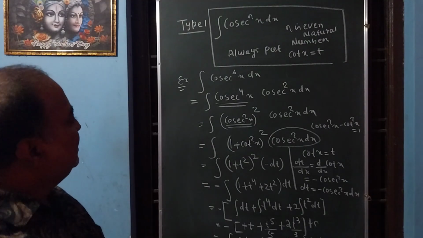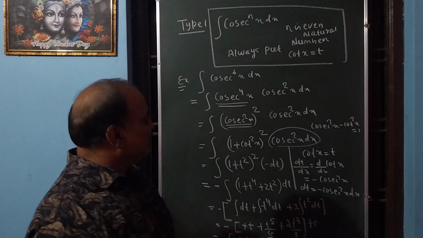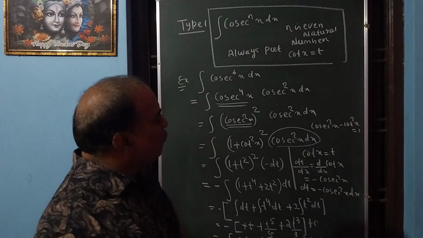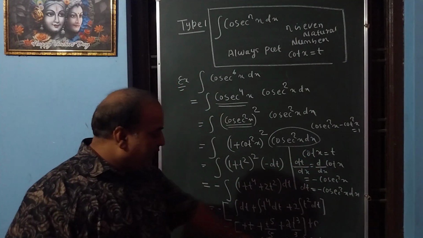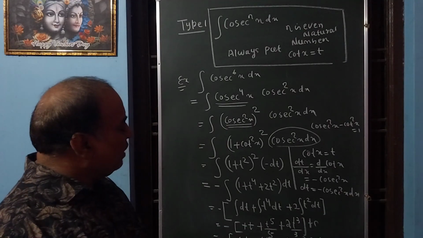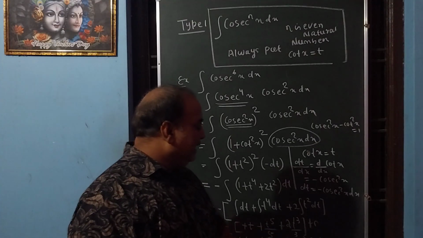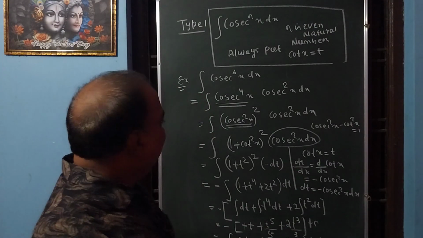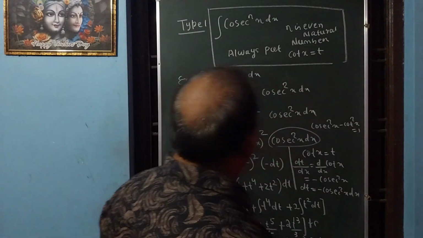So this is the answer: integration of cosec to the power 6 x dx, where the power is an even number. Always put cot x equal to t. Okay, so now let us take another type.